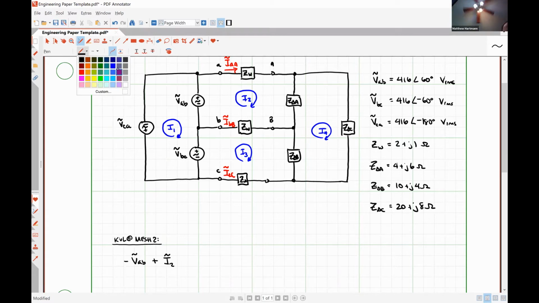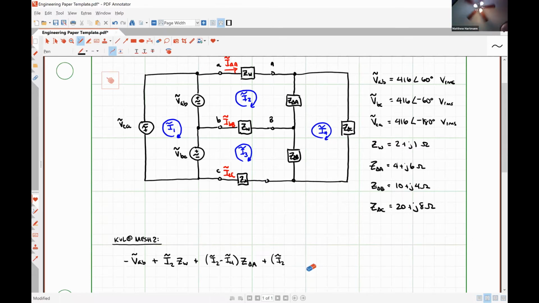Oh, and I guess I should go ahead and label all of these as RMS phasor currents, times our impedance ZW, plus I2 minus I4 times Z delta A, plus I2 minus I3, sorry, times ZW is equal to 0.